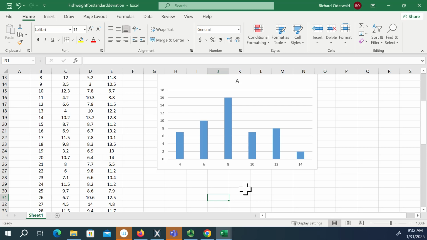How far out is 2.7 from that average? Say it's 3 instead of 2.7. I got 7. If I go down 1 standard deviation, I go to 4. I go up 1 standard deviation, I go to 10. So here's the average. That's 1 down. That's 1 up.